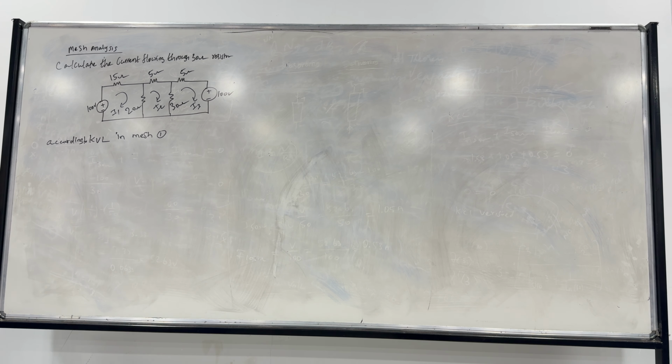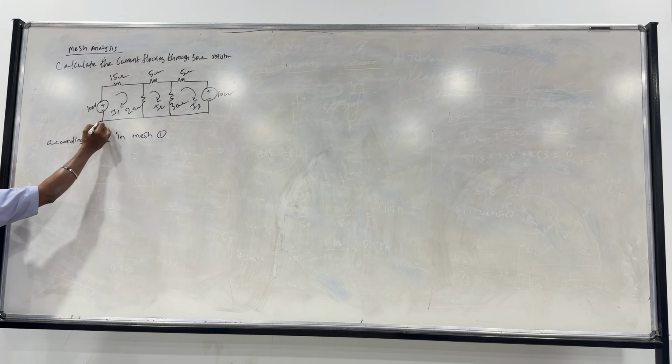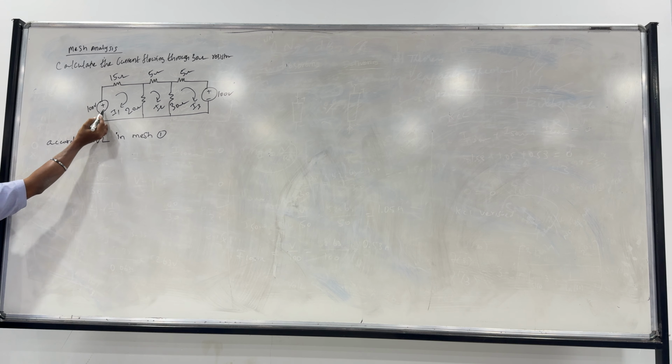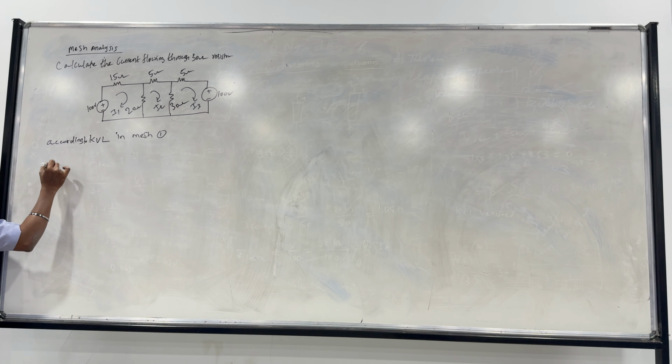What KVL is actually telling is that in a mesh or in a closed loop, the sum of potentials equals 0. I am summating now. I am starting traveling from here and going through this mesh. Now I am seeing a negative sign, so you write this negative sign, and the potential is directly given, so you write that 100.